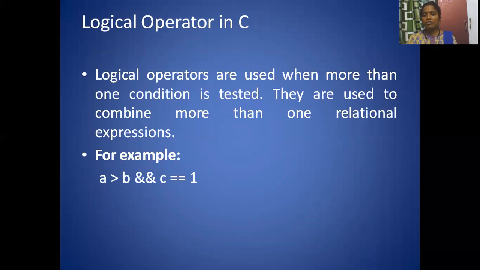AND: if both are true, it is true. If true and false, false. False and true, false. False and false, false. Whereas OR: true or true, true. True or false, true. False or true, true. So based on those principles, AND, OR, NOT, logical operators will work.